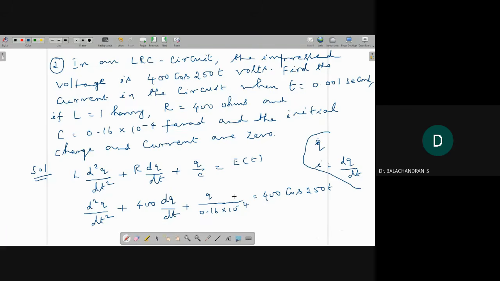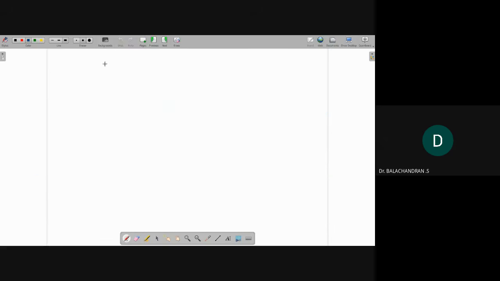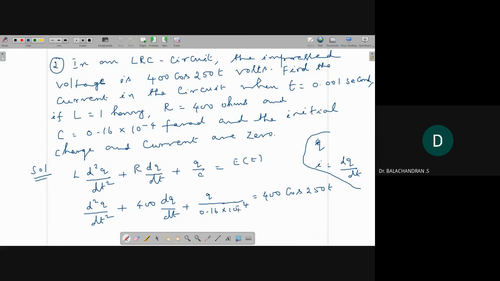Now on the next page, I'll write d square q by dt square plus 400 dq by dt plus, so this is actually 10,000 divided by 0.16.